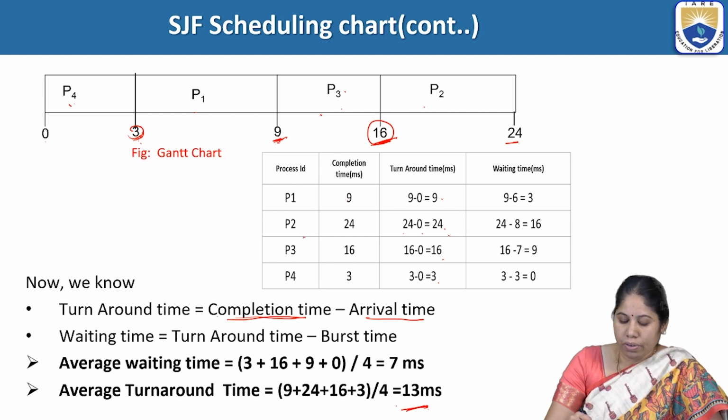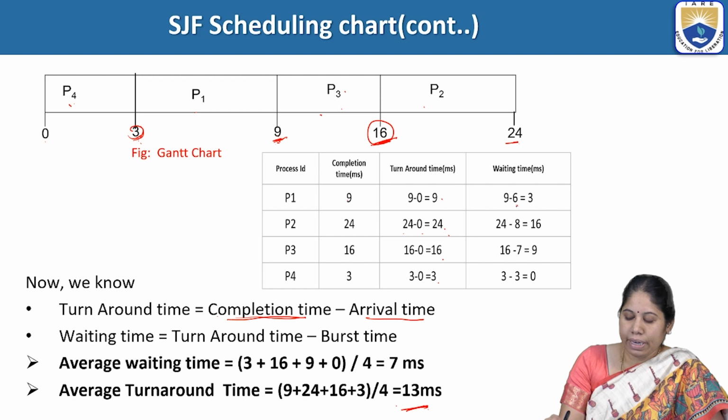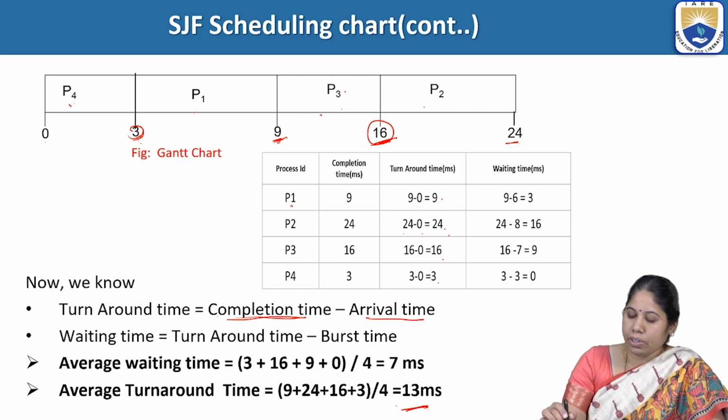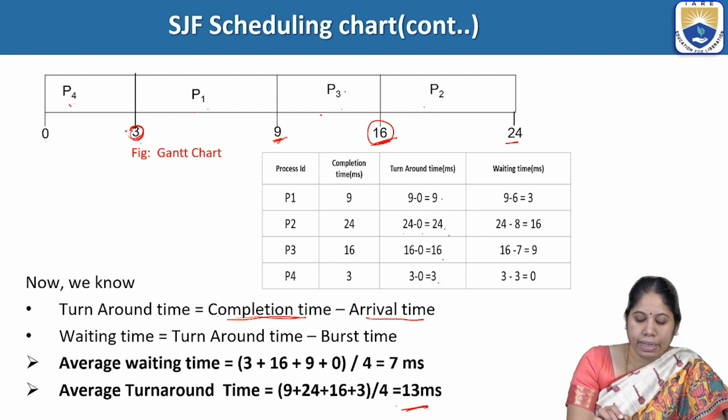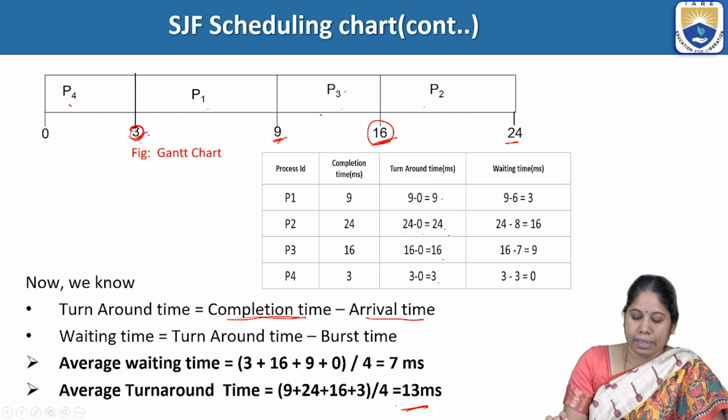Four processes are in the system. Waiting time for P1: look at when P1 started executing. Till 3 units of time, P1 is waiting, because up to that point P4 is executed and P1 is waiting to get the CPU. So waiting time is 3.